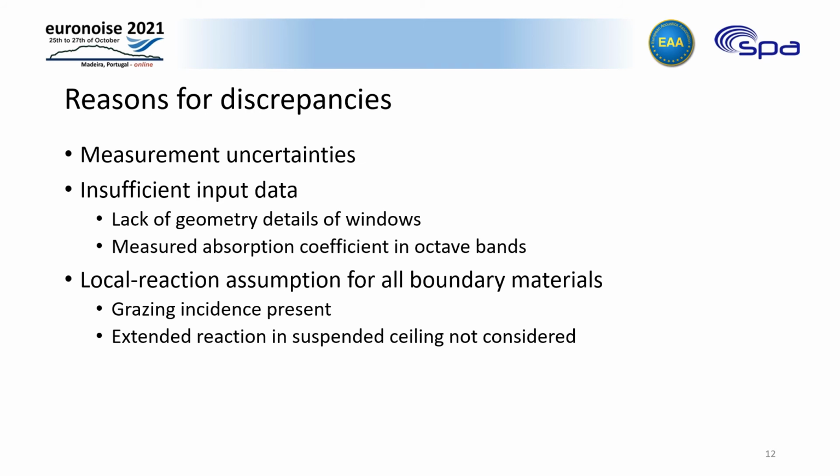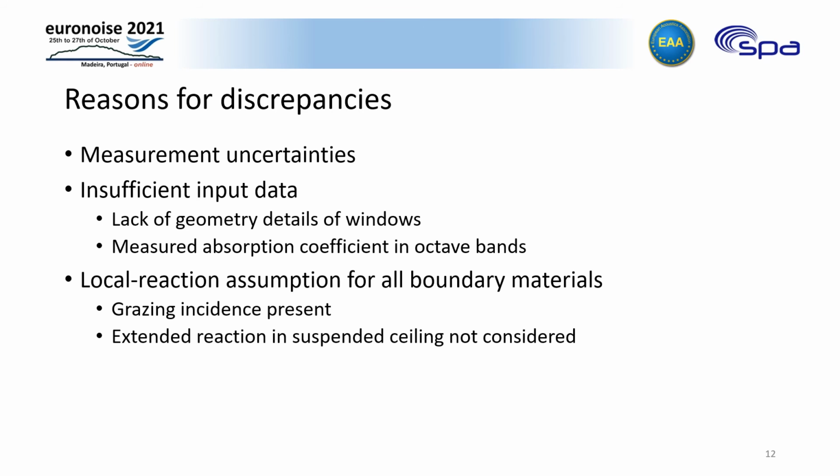As we have seen, the simulation and measurement results do not match quite well. Well, it is difficult to pin down the exact reasons for the deviations. Here we list a few factors that explain the discrepancies. First of all, there are inevitable uncertainties and inherent randomness in the measurements. Another reason is that the simulation inputs are not sufficient.